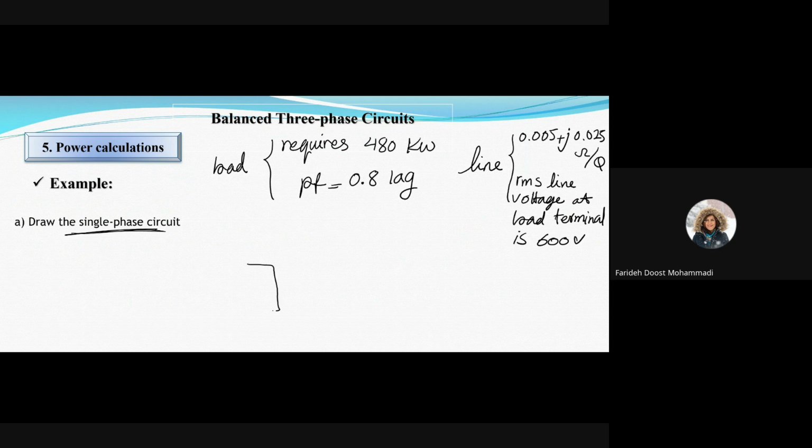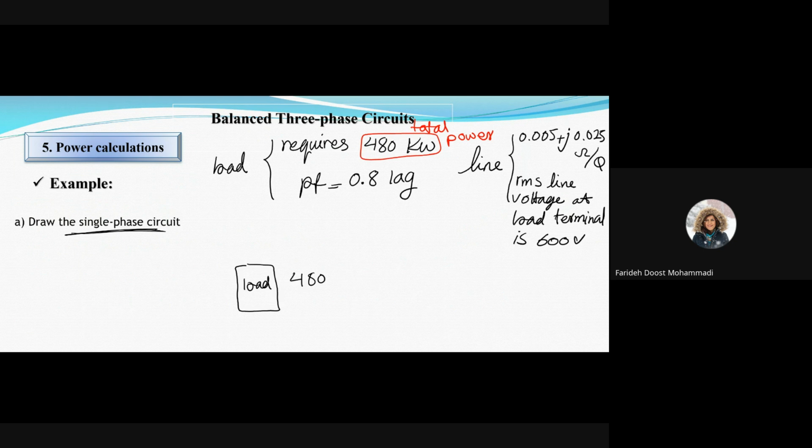I know that this load in each phase is consuming 480 kilowatt. Let me see if the power is per phase. Okay, I know that this load is consuming 480 kilowatt. Because it's not saying that this is per phase, it means that this 480 is the total power.